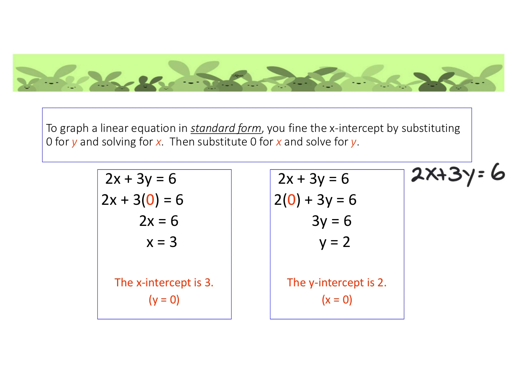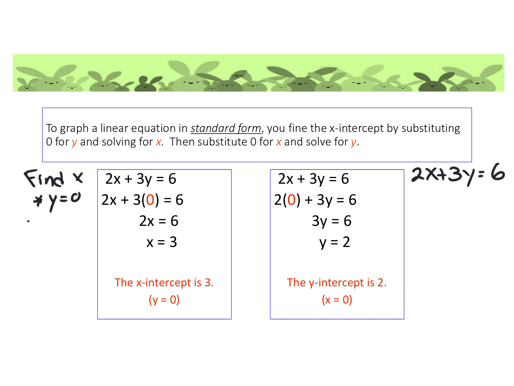We have the same equation for both. 2x plus 3y equals 6. And if you want to find the x-intercept, we have to put the y equal to 0.